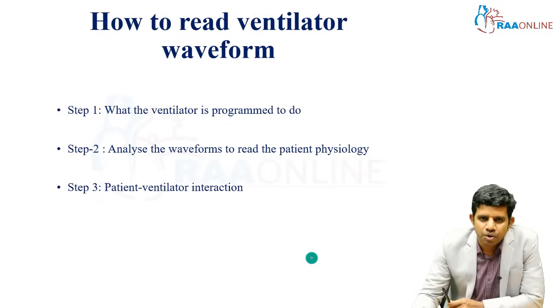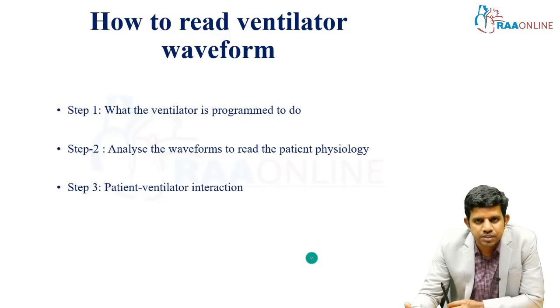So first, how will you read the ventilatory waveform? The first step is what the ventilator is programmed to do, which means what mode of ventilation you selected for the patient. A mode gives a predetermined pattern of interaction. For example, if it is volume control, your flow will be constant irrespective of the patient's resistance and compliance.